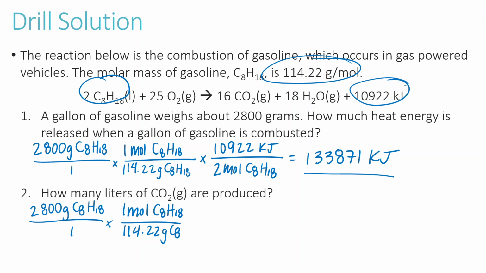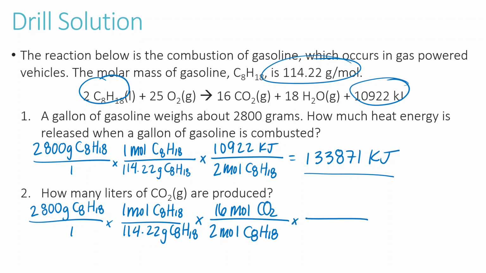So this is just going to let us convert from grams into moles like we did in the previous question. And from my balanced chemical equation, I know that for every 2 moles of my gasoline, I'm also going to produce 16 moles of carbon dioxide.